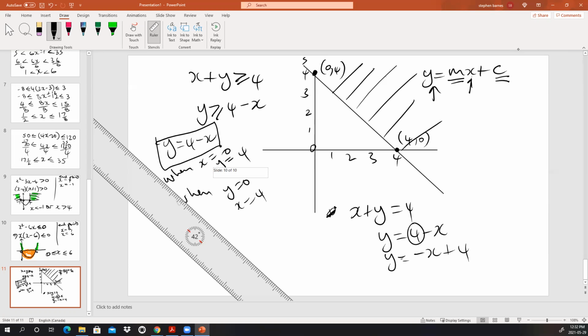And then, what is the value of x when y equals 0? In this case, I think we got 4 too. You just need the two endpoints where you cut the y-axis and x-axis, and then you determine which side is the shaded side. All right, moving right along.